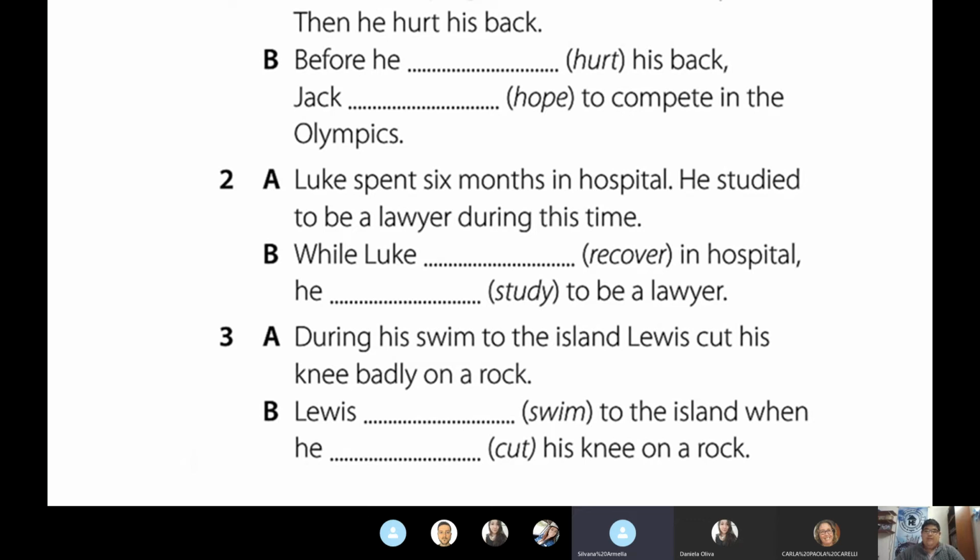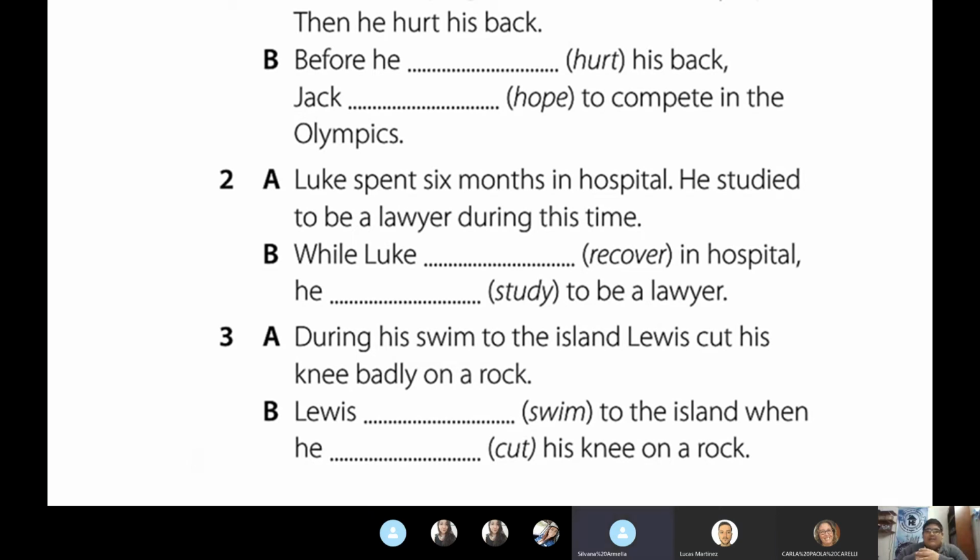Let's see. Luke spent 6 months in hospital. He studied to be a lawyer during this time. While Luke had been recovering in hospital, he had been studying to be a lawyer. Two actions in progress with while, yes?